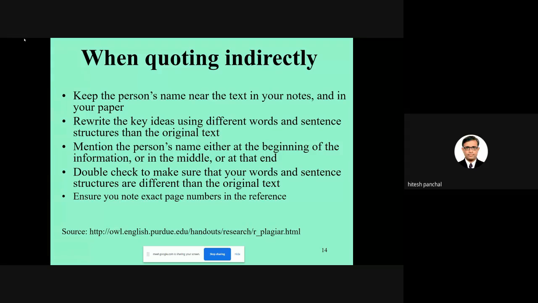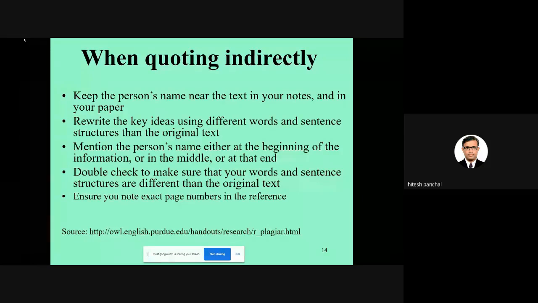And actually, we all know that in a research article we have to conclude something or we have to compare. So for comparison purposes, you can use quoting indirectly.